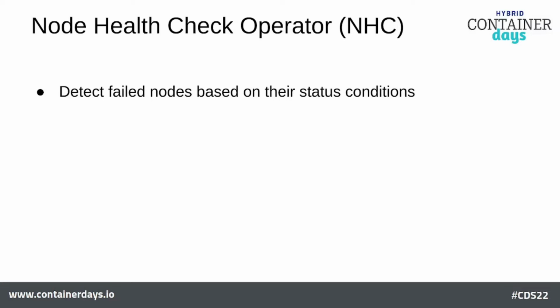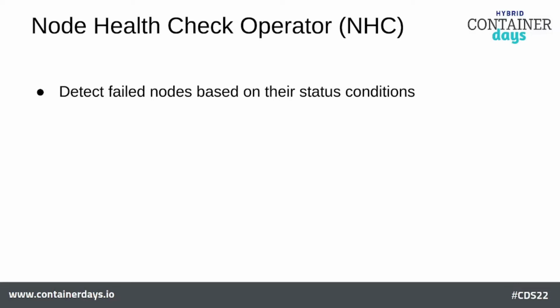The node health check operator can be configured to watch this status, and it takes action when something indicates a failed node. The default configuration is looking for the so-called ready condition of the node status and considers the node to be failed when this condition is not true for more than 5 minutes.